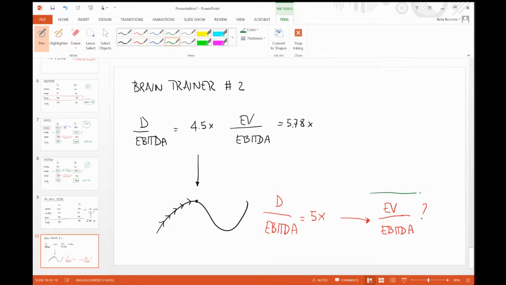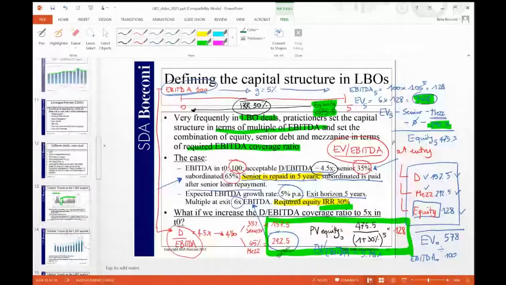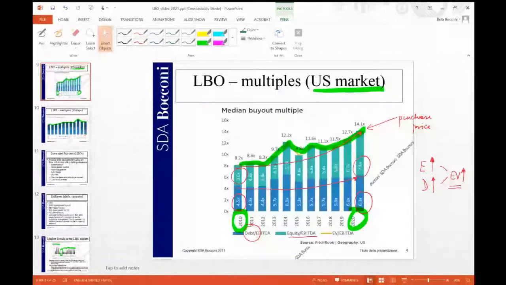The intuition is pretty obvious. Given a higher availability of creditors to finance the deal, the enterprise value, of course, will lift up. And this is what we have seen in one of our previous slides regarding the American market. So essentially, what you expect to see is a situation of this kind here.